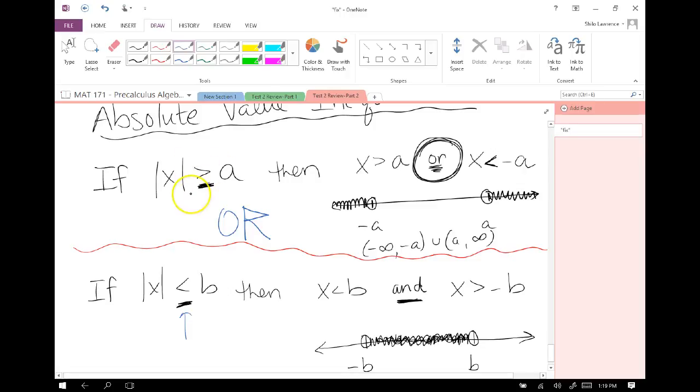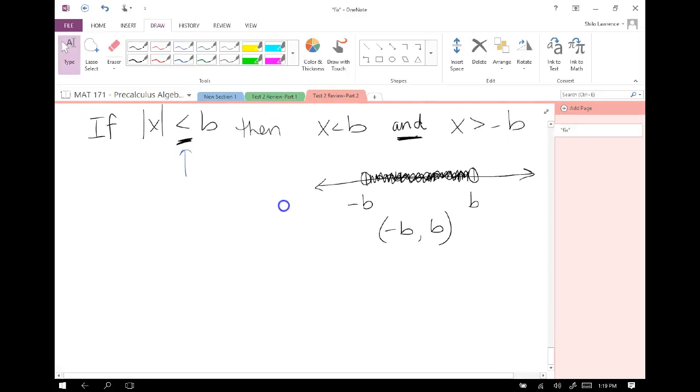But you can make an R out of the greater than sign. So that's how I remember that the greater than is the or, which means the less than has to be the and, because there's one of each. So the greater than is the or. Or means two answers. That's what the union symbol means. It means or.